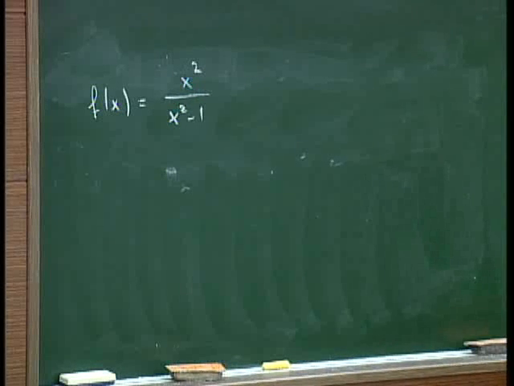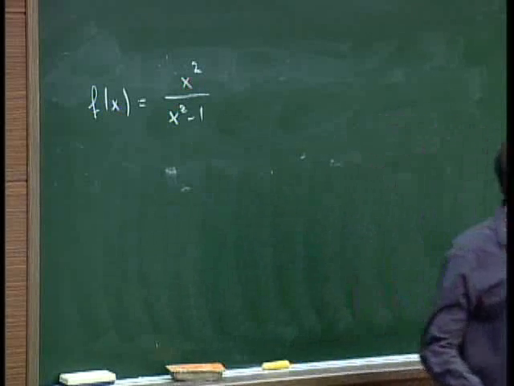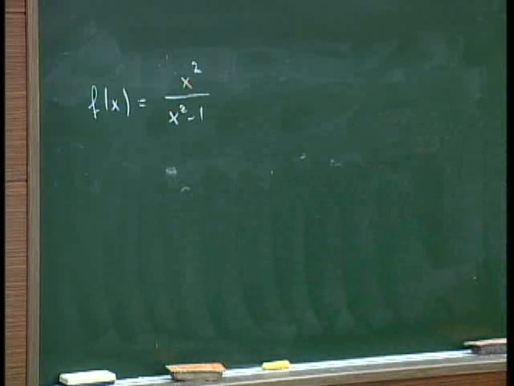Normally the test case is: find the intervals of increase and decrease, find local extrema, find the intervals where the function is concave upward and concave downward, and find the inflection points. So normally an example typically looks like this.